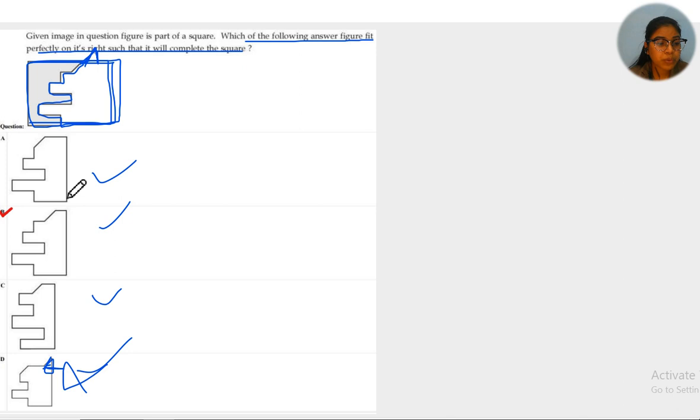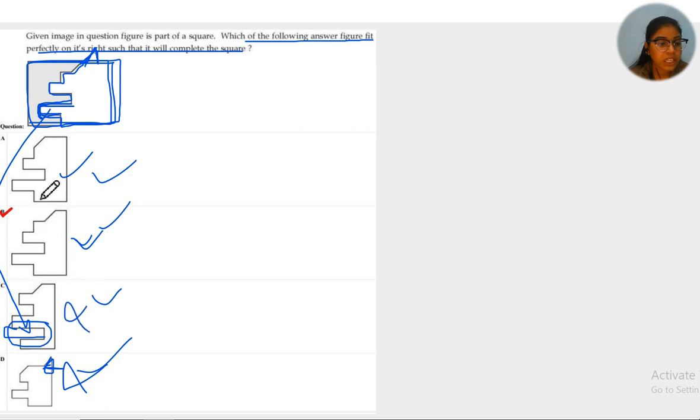Now we are with options A, B, and C. As you can see, A and B are somewhat of the same type, but there is a basic difference in option C, which is in this lower part. It should be exerted out, but it is somewhat inwards. Look over here, this should be exerted out, but here it is not like this. So that's why option C is also rejected.